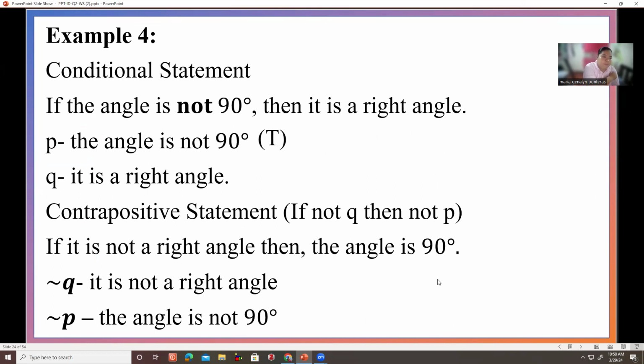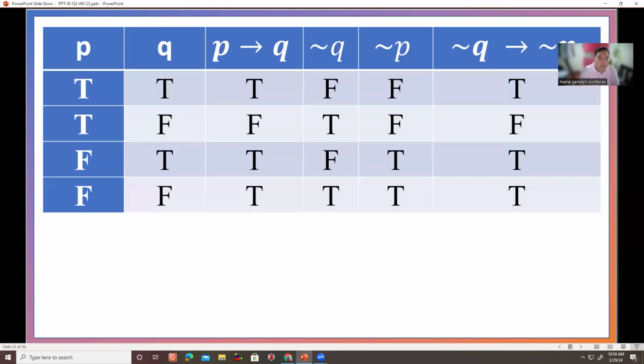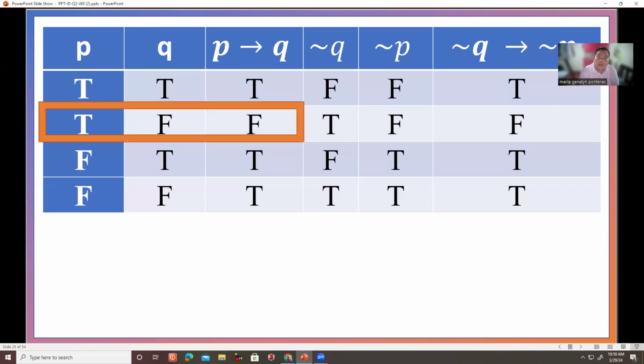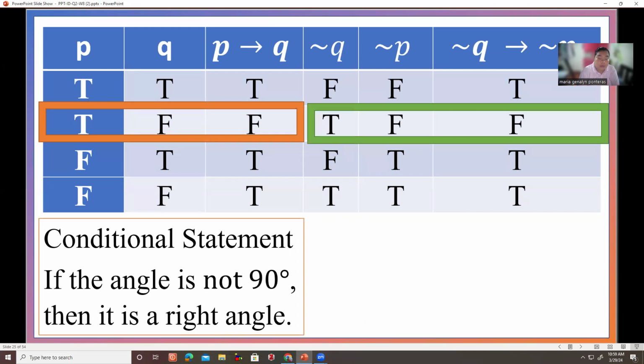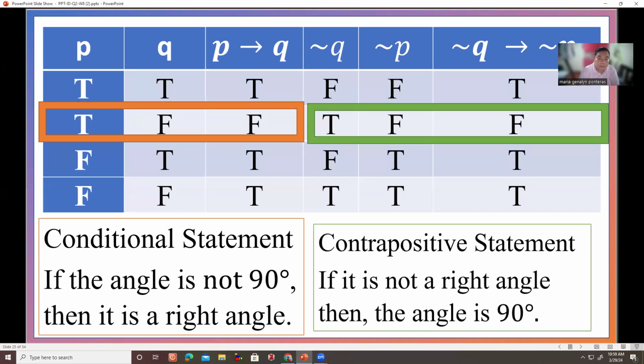So in the conditional statement, if P is true, Q is false. If not Q is true, not P is false. So they belong on the second row of our logical equivalences. Okay, so let's go back to the conditional statement.